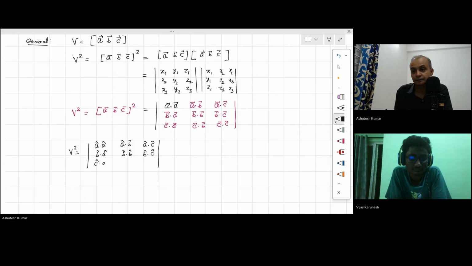And similarly, this one, let me fill it. We notice that A dot A is 1, one half, and then half, one.